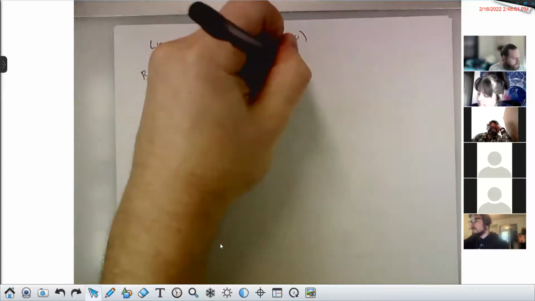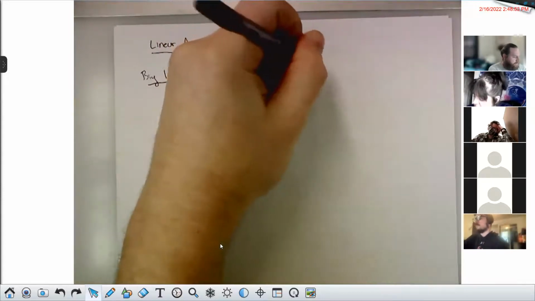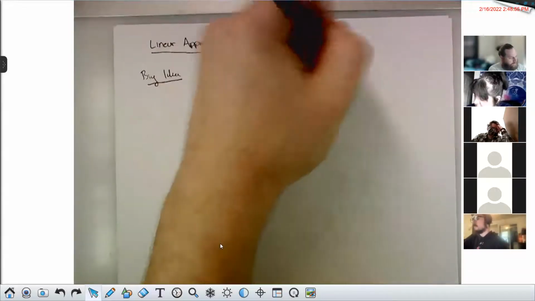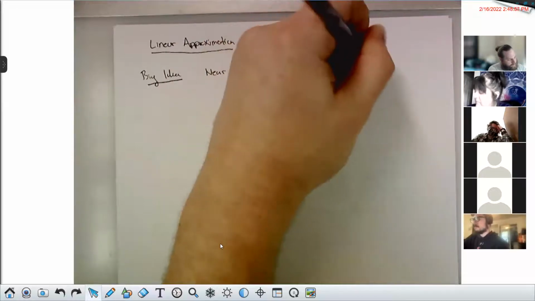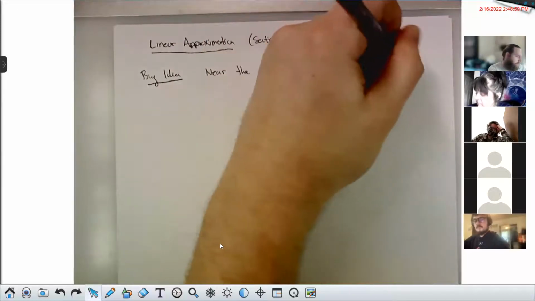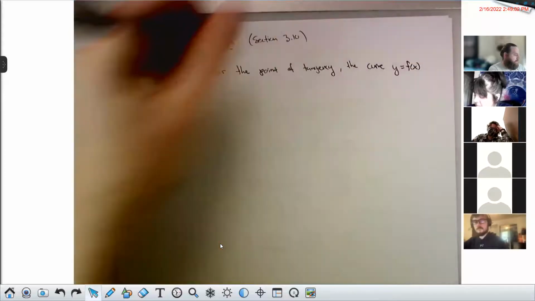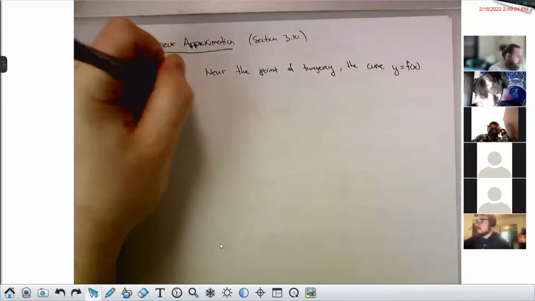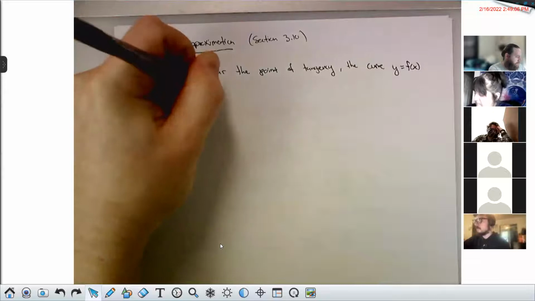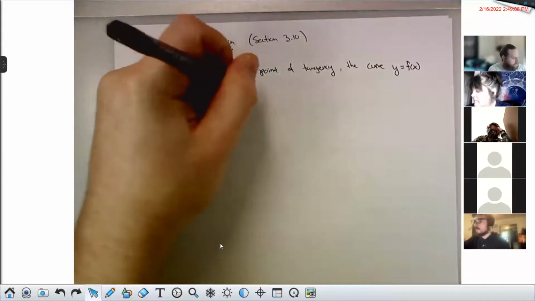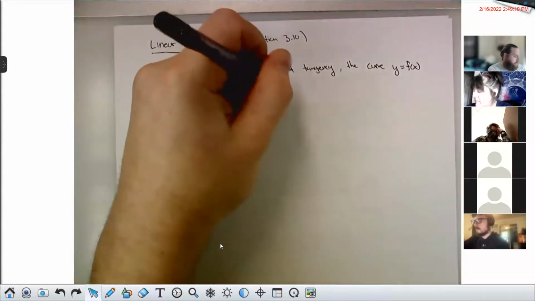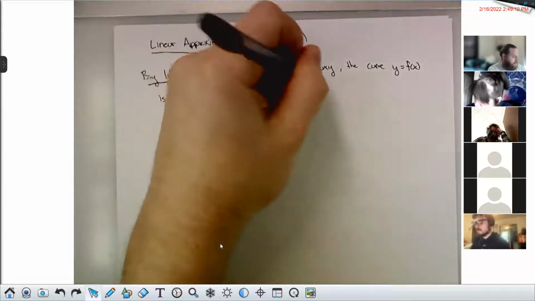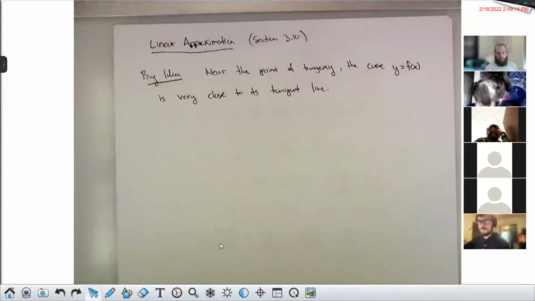Near the point of tangency, the curve y equals f of x is very close to its tangent line. Very close to its tangent line.